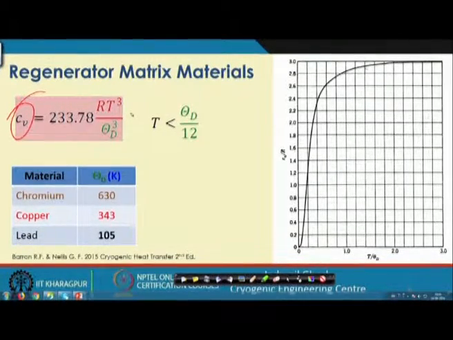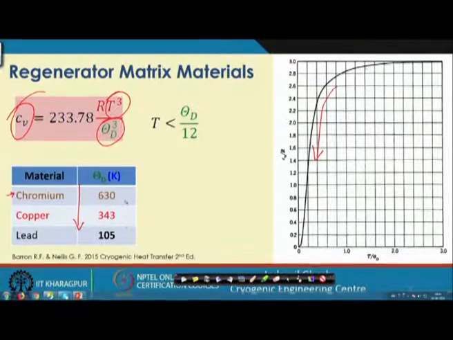So, it is varying with T cube. As the temperature is falling, the specific heat is falling rapidly, and it also depends on the Debye temperature theta D. Some of the common materials used for the regenerator are chromium, copper, lead shots, or porous materials.